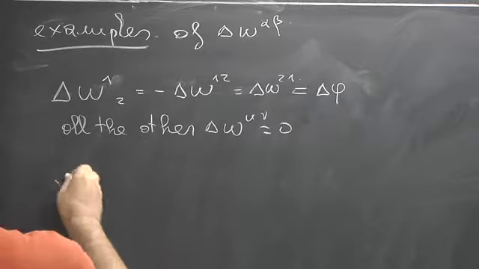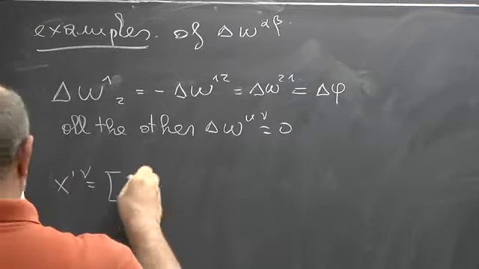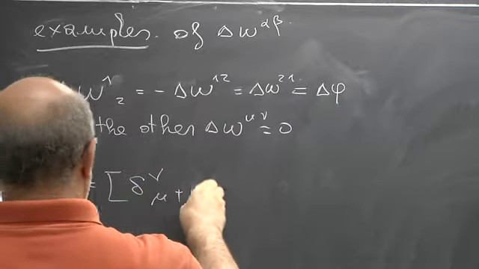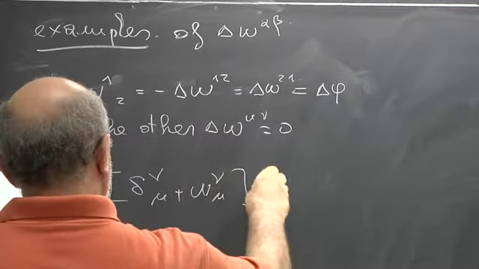So the transformation is x prime nu equal delta nu mu plus omega nu mu x mu.